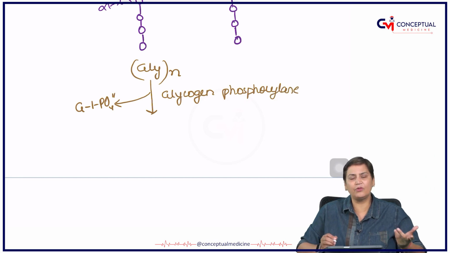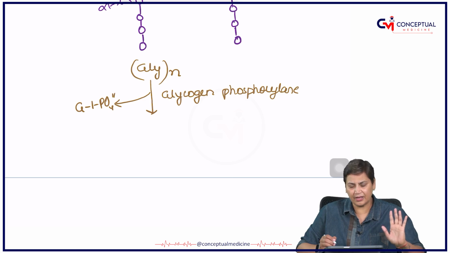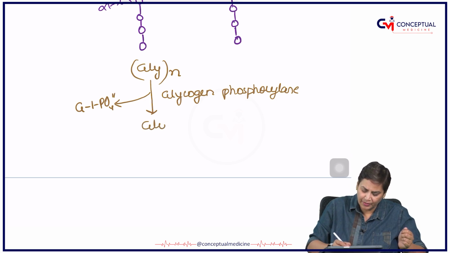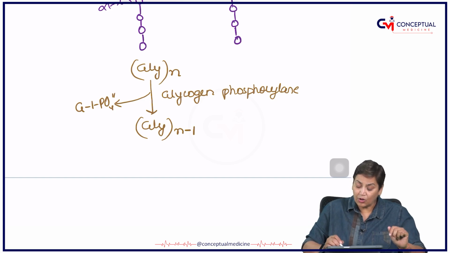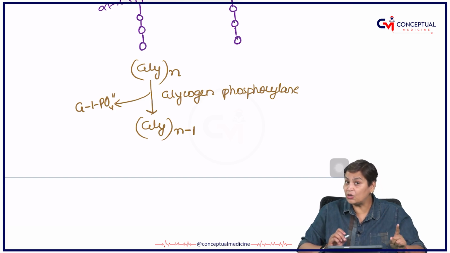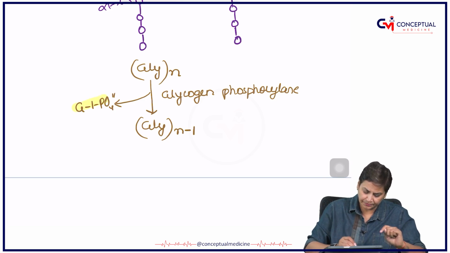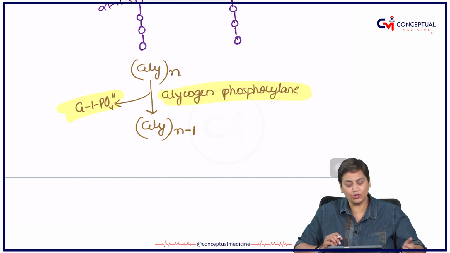Glycogenolysis is just a game of two enzymes, that's it. Like in glycogenesis we required 3 to 4 steps, but here only 2 steps are there. Glycogen phosphorylase simply will release glucose 1-phosphate and the resultant would be glycogen N-1, because this is release of glucose with phosphate. That is the importance of this enzyme also.